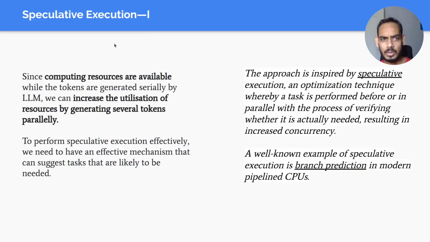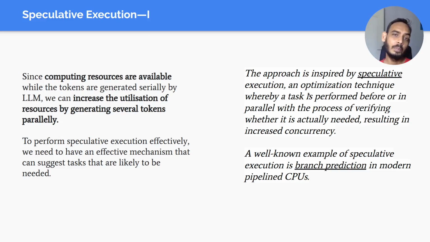This whole concept comes from an old concept, which is named speculative execution. It is an optimization technique where a task is performed before or in parallel with the process of verifying whether it is actually needed, resulting in increased concurrency.